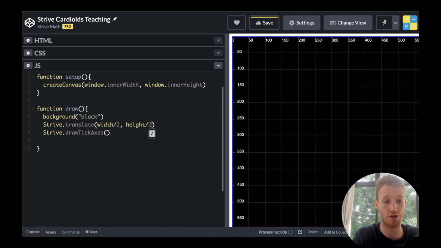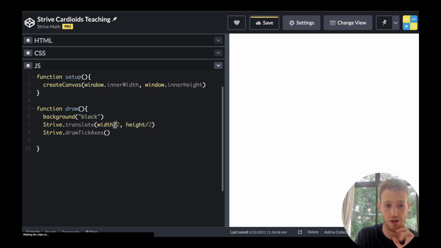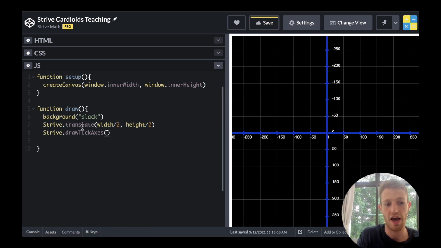Translate will just move the origin to these coordinates. We're using strive.translate in particular here, and you can only use this function if you're in this environment from the link in the description, because we want to have these special functions to make it easier to see what's going on. So strive.translate, width over 2, height over 2, strive.drawTickAxes.